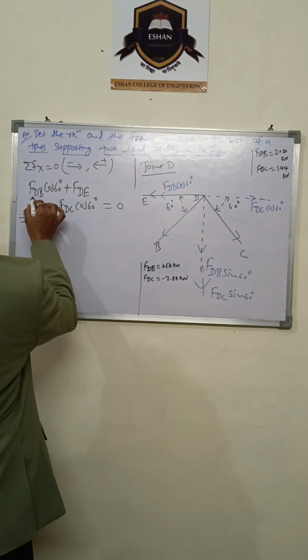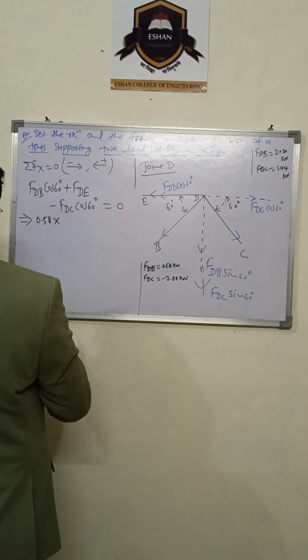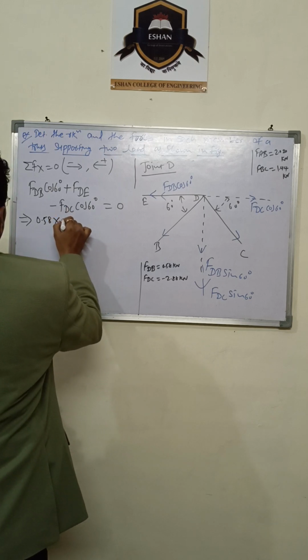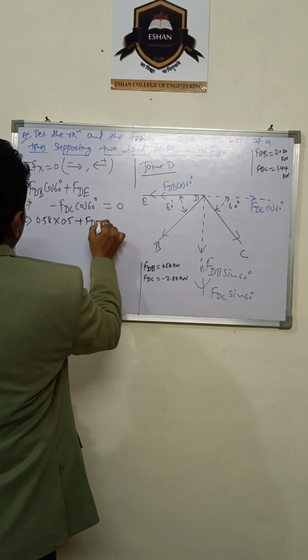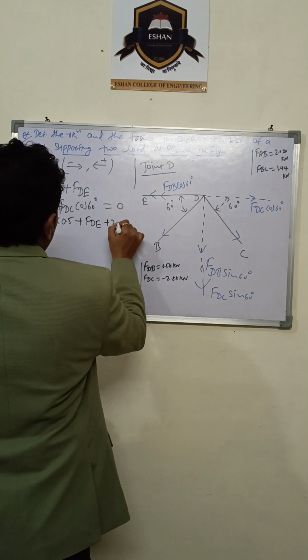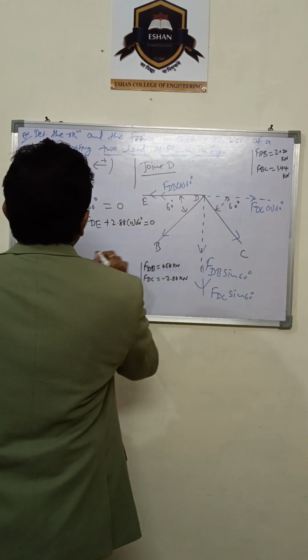FDB we have already calculated as 0.58, times cos 60 degree, that means 0.5, plus FDE plus 2.88 cos 60 equal to 0.